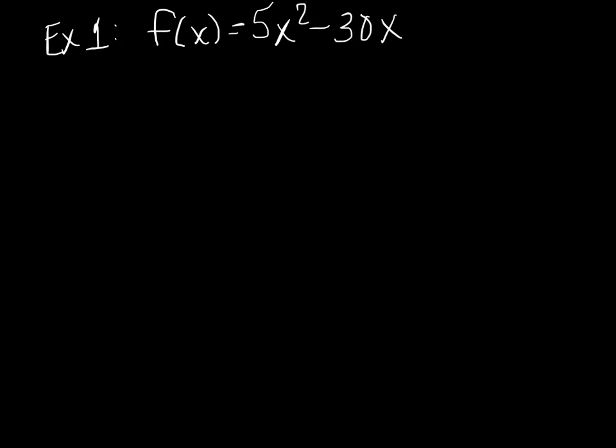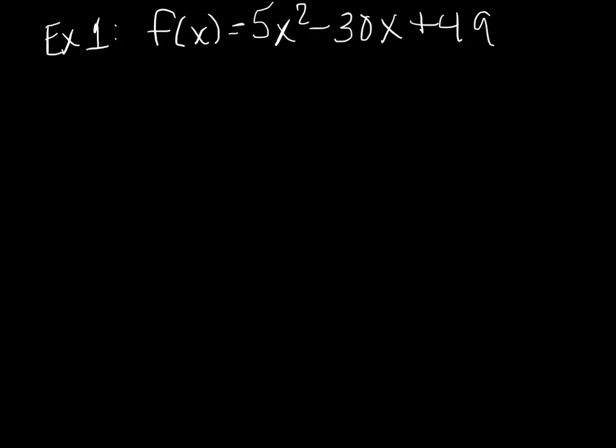So let's take a look at a couple of examples. Let's start off with example 1. Let's say f of x equals 5x squared minus 30x plus 49. Alright, so this is in the first form.